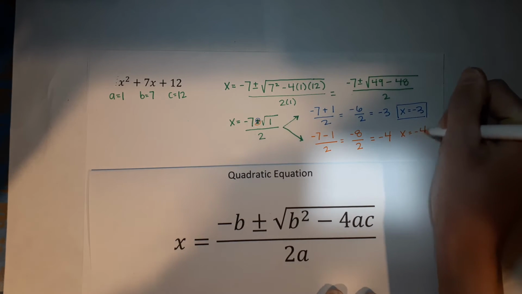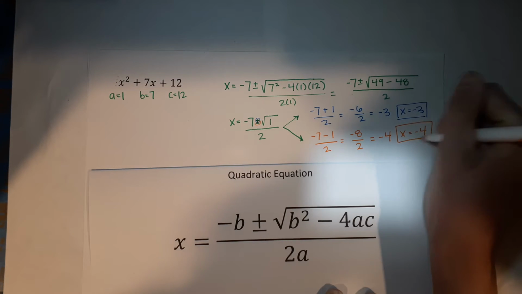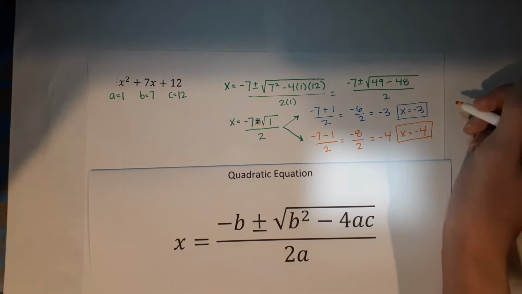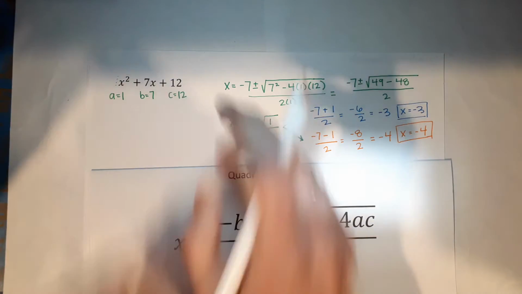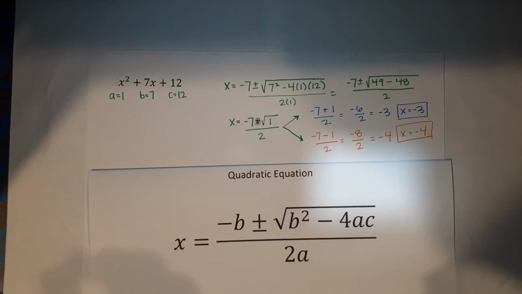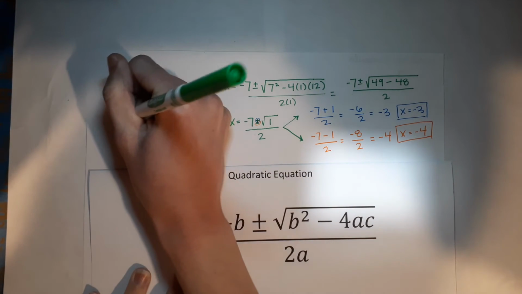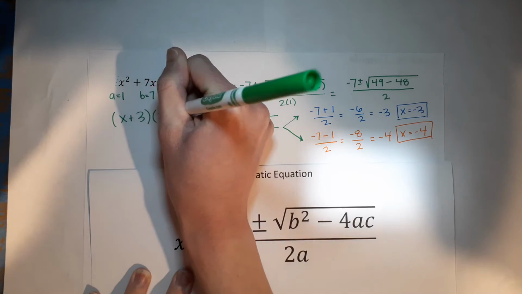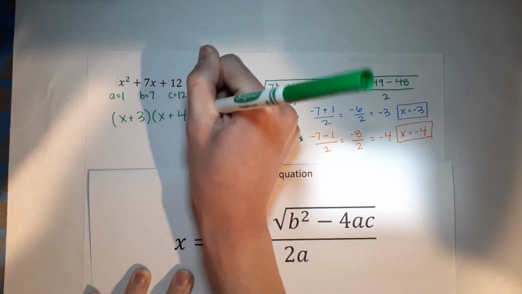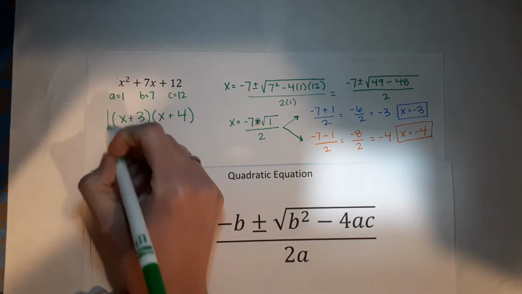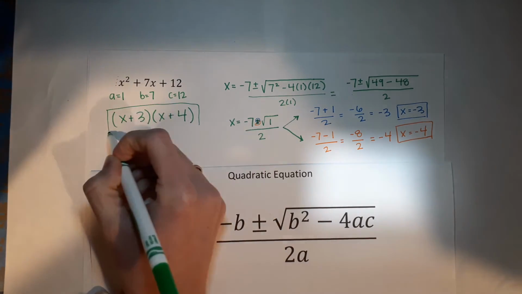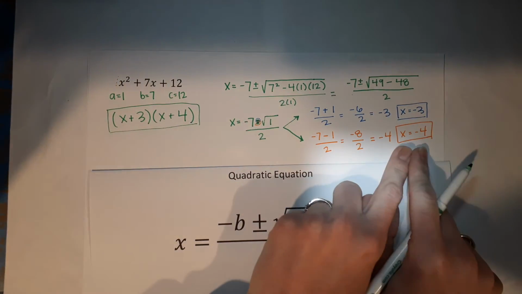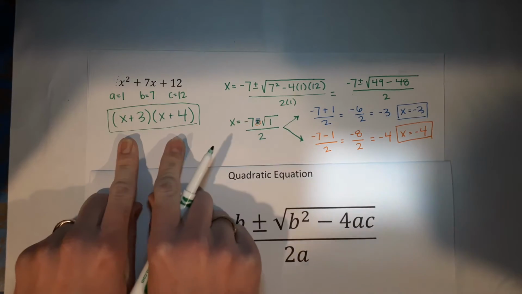Those are my answers for x. But if you want to know my two parentheses, they are x plus 3 times x plus 4. Why did I change the sign? Because to get these answers, I set these equal to 0.